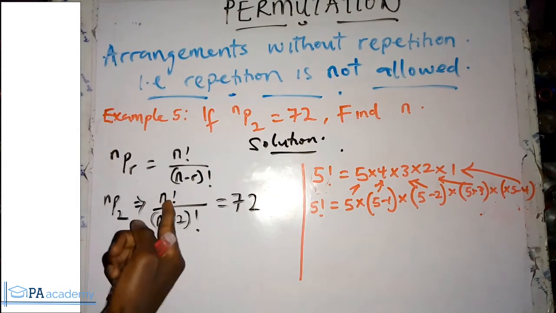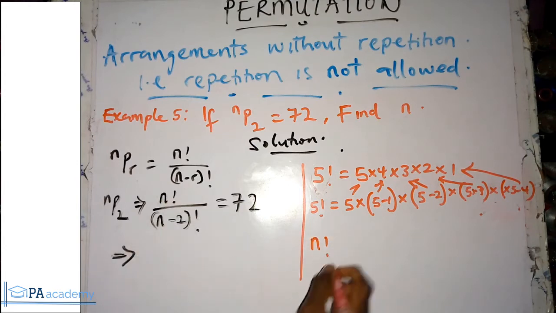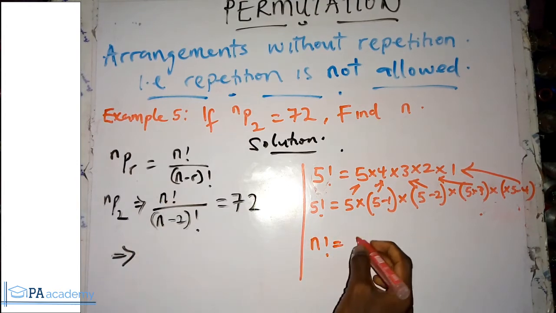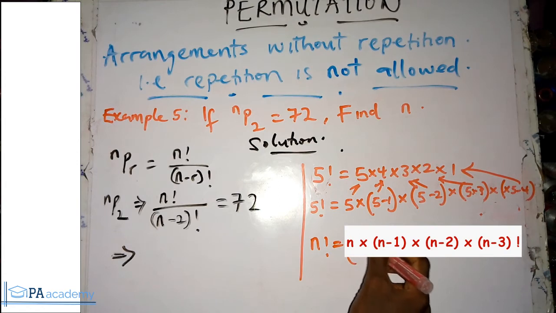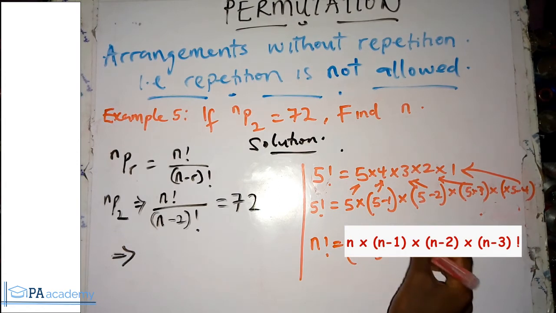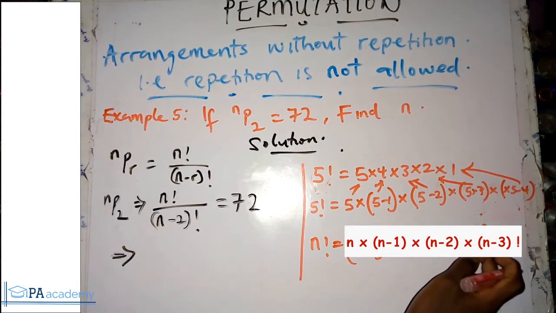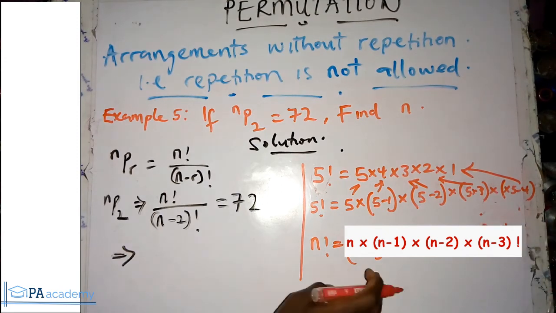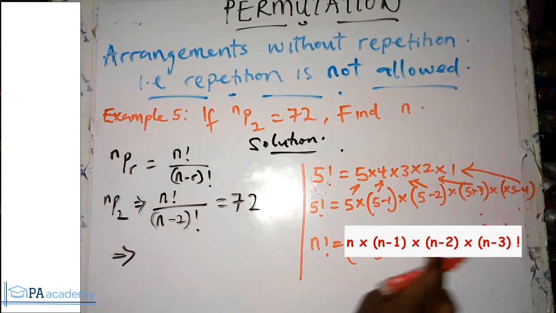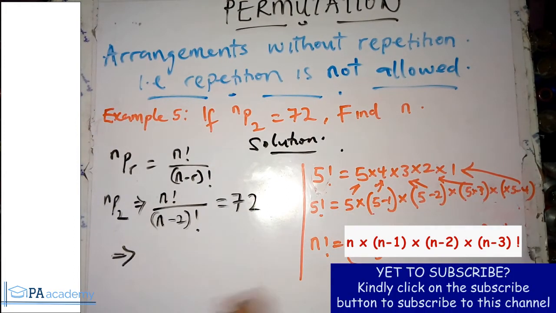Now imagine if you are having n factorial. That means we are having n times n minus 1 times n minus 2 times n minus 3, and since we don't know the value of n, let's just stop at the factorial. That's the meaning of n factorial: just subtract 1, 2, 3, just like we did with 5.